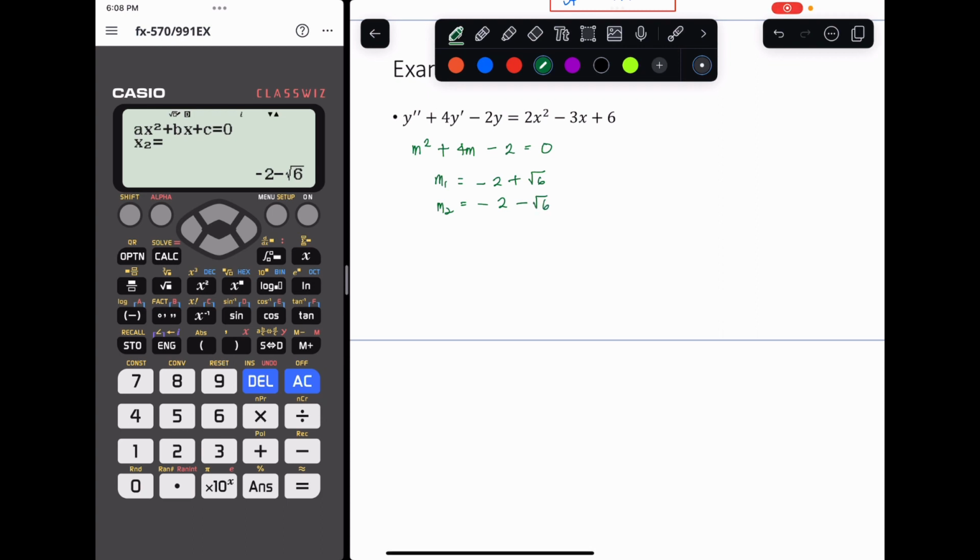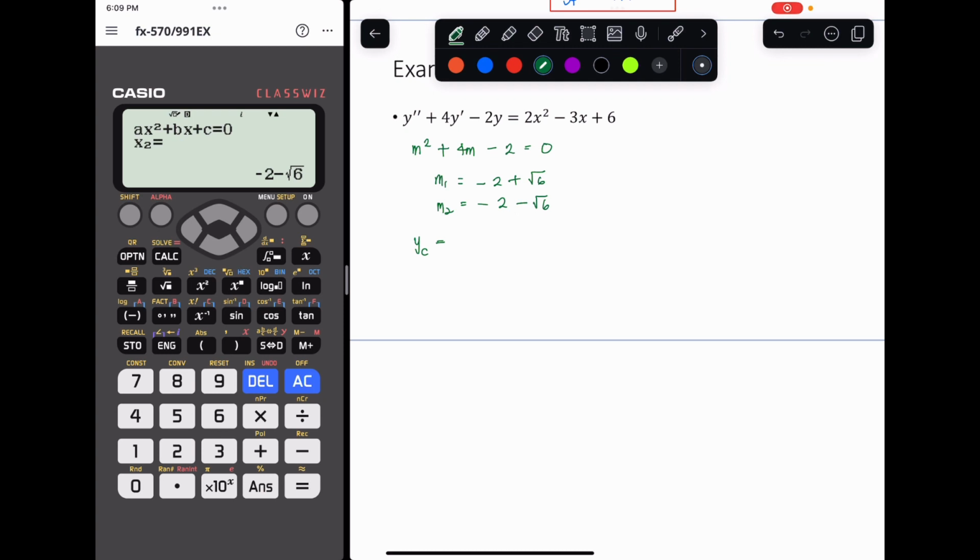When we write our complementary solution here, what case will this one fall under? I know what you're thinking. You're thinking that this should be a case 3, wherein alpha would be negative 2 and beta is the square root of 6. But mind you, it's not.